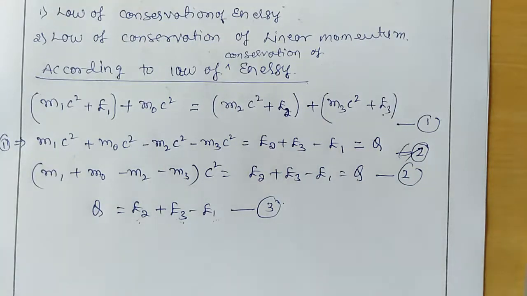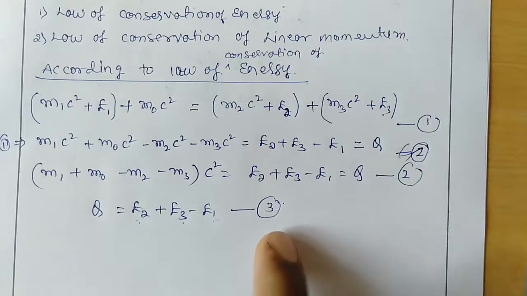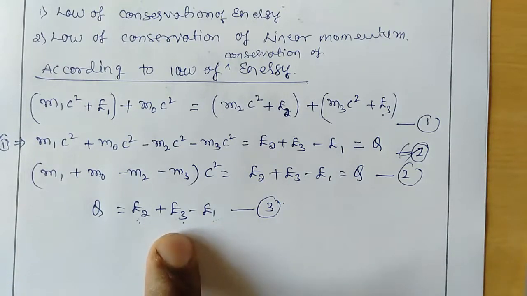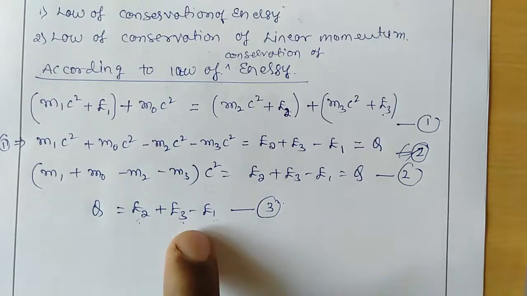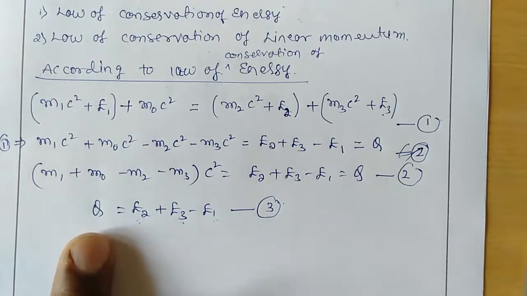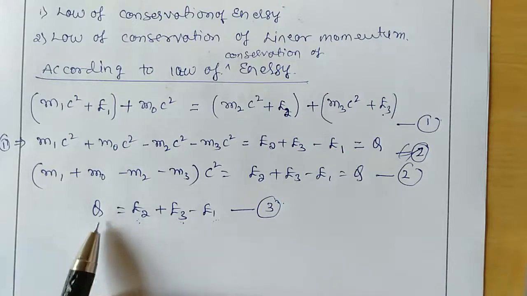Therefore we have to measure it indirectly, with the help of the law of conservation of linear momentum. Finding E3 this way and substituting in equation number 3, you will get the total energy released in a nuclear reaction, that is the Q value of your nuclear reaction.